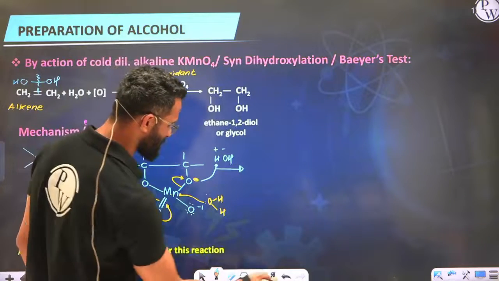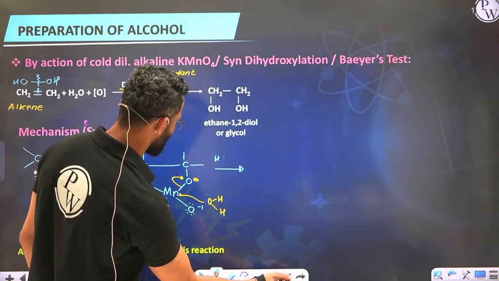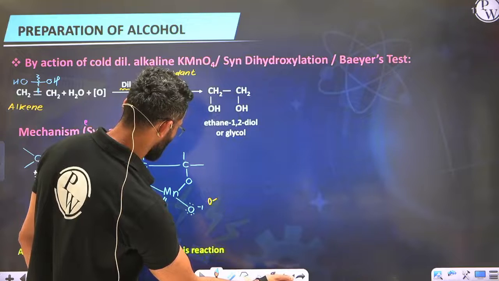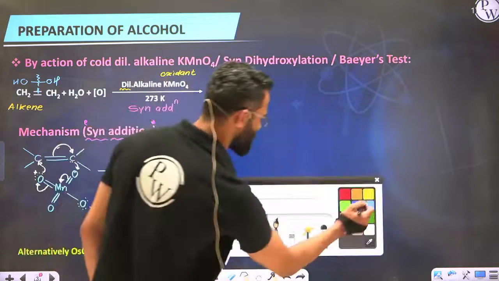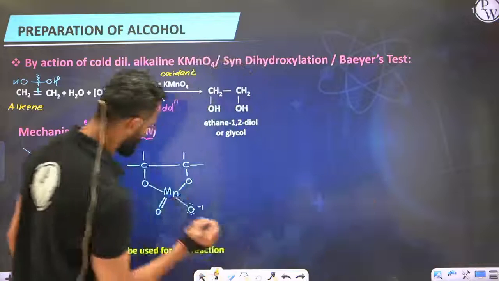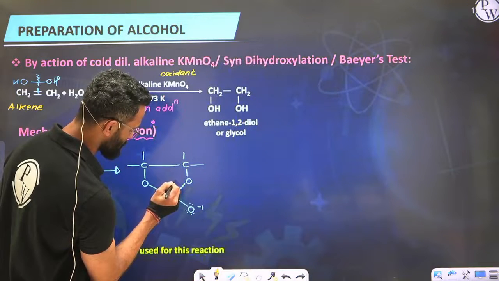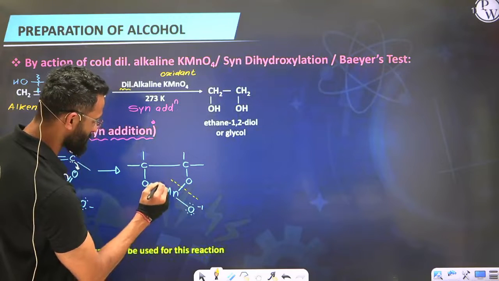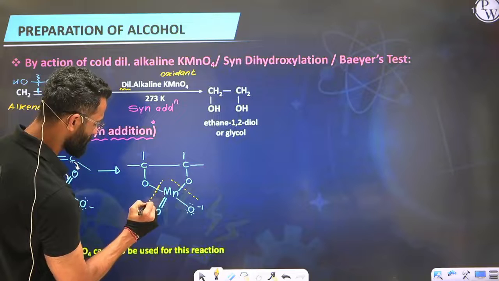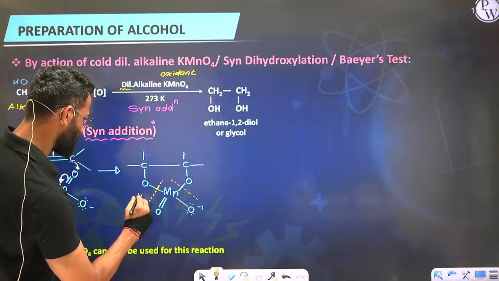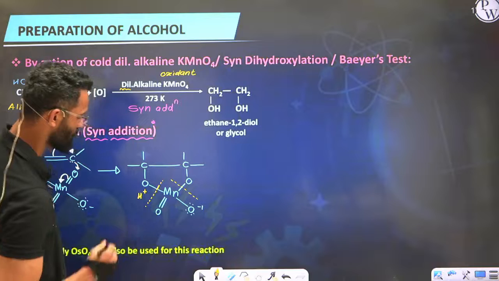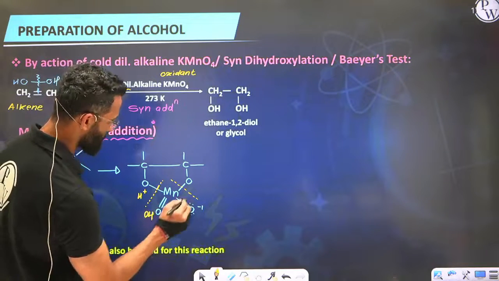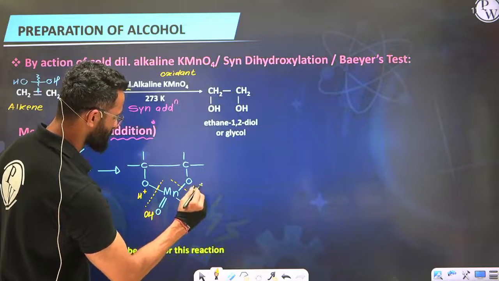So what we can simply do is, look here. For the understanding, yes, we can simply show breaking of a bond like this between manganese metal and oxygen, and add water, HOH, and HOH.